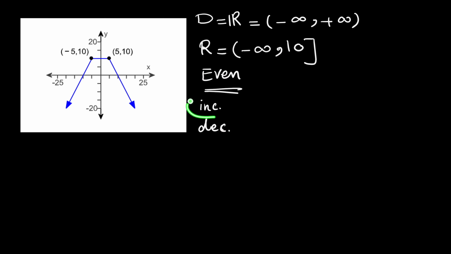All the time when we are looking for increasing or decreasing intervals, we move in the positive direction of the x-axis. In this direction x is increasing because, for example, this point x is here, then this point is here, this point is here. x is increasing, right?